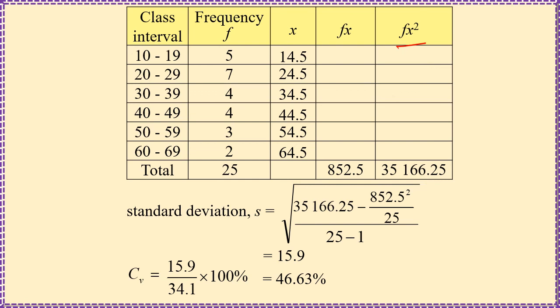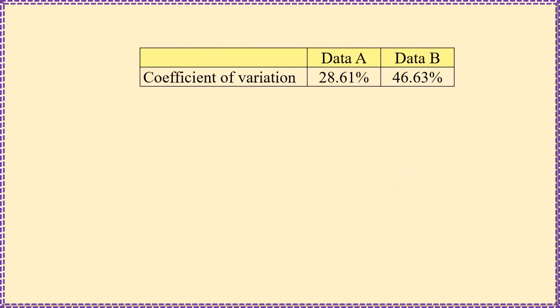Okay, now we have all the values. The last question, they ask you to comment on these two distributions. So what we can do is compare the coefficient of variation, the same as for the ungrouped data. The coefficient of variation will tell you about the dispersion of the data. So which one is more consistent or less consistent? So we just have to compare like that.